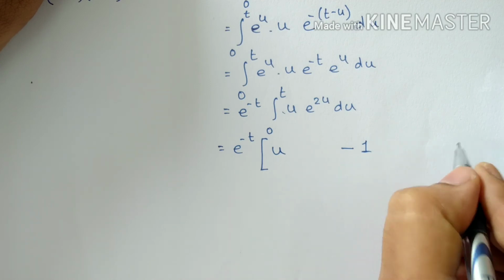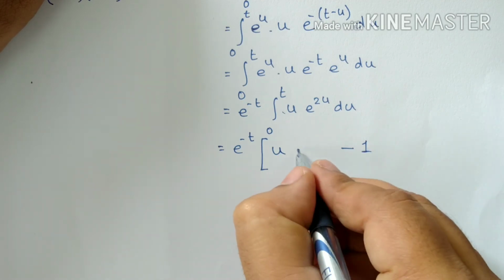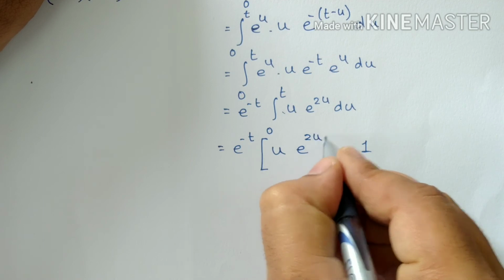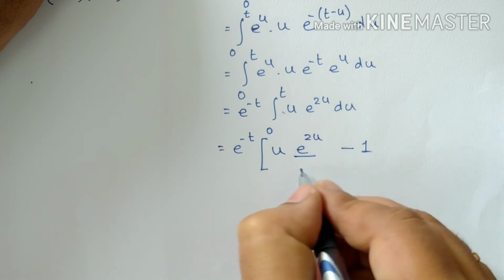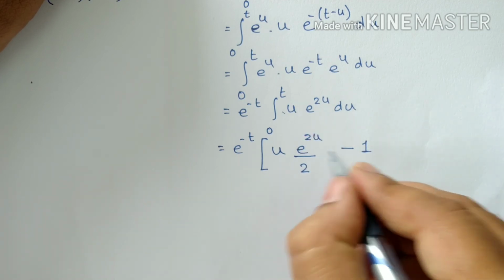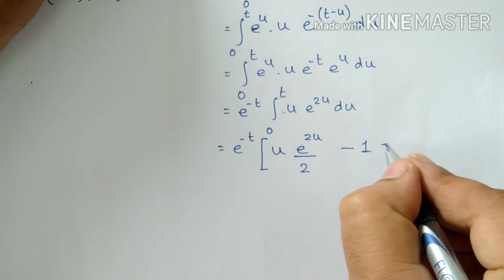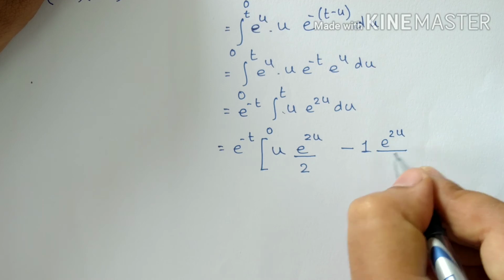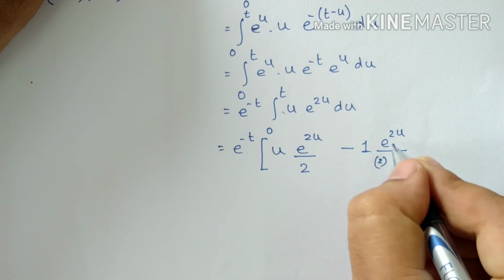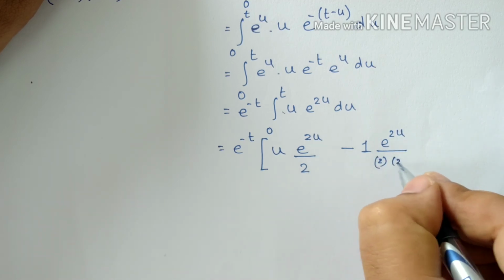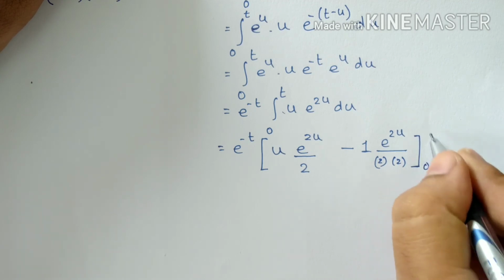In the third term, derivative of this will be 0, so I'll skip that. Now this is v, its integration is e raised to 2u upon 2. In the further term, this entire term will be integrated as e raised to 2u, this 2 as it is. While taking an integration of e raised to 2u, we'll get one more 2 in the denominator.